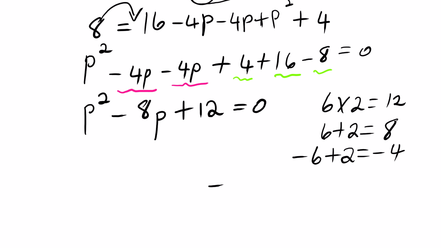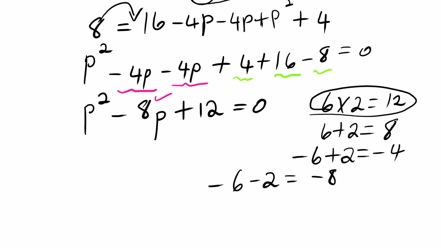Negative 6 minus 2 is equal to negative 8. So for this one, it's correct. Now there is a problem with this one. In order for us to multiply these two terms with these negatives so that they give us a positive 12, it must be negative 6 multiplied by negative 2. It will give us 12. So this negative 6 and negative 2 are the correct factors.